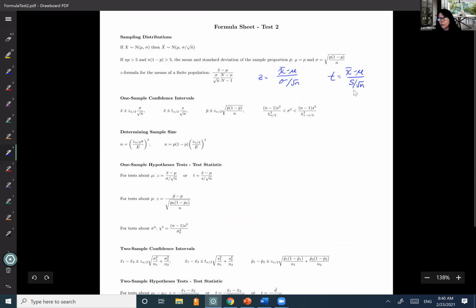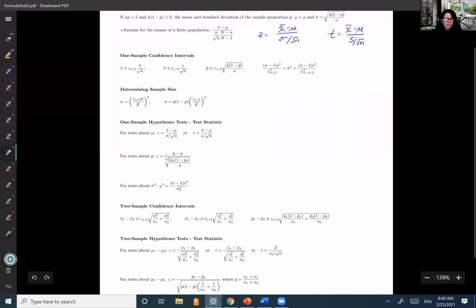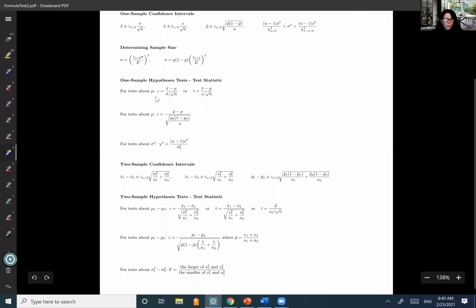This is the more realistic using T. That's why it's commonly called the T-test, right? Or for finding the probabilities using the sampling distribution for the sample mean. Right, and so there's your one sample hypothesis test right there for Z, T, for the proportion.